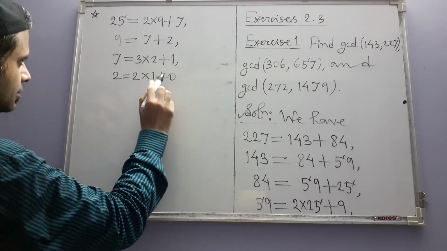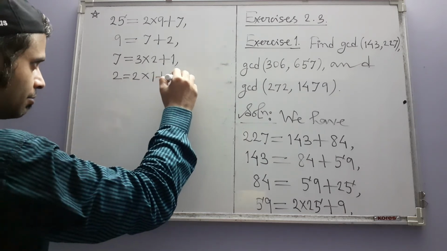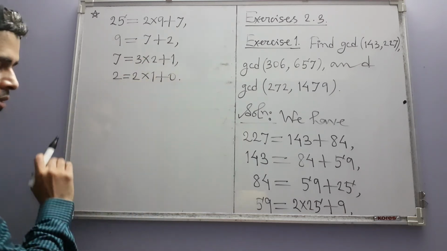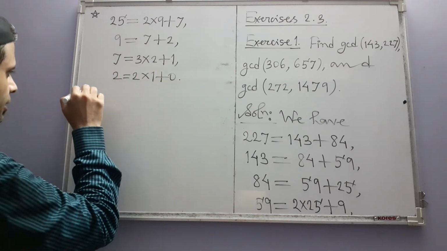Once you hit 1, you can just stop there itself. The algorithm, however, demands that we write one more step because we need to reach the integer 0.